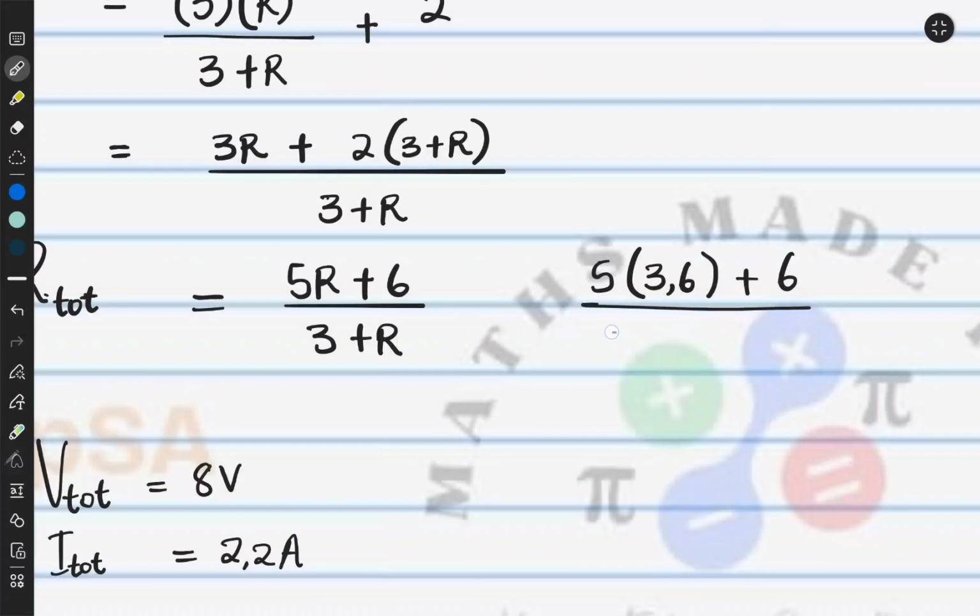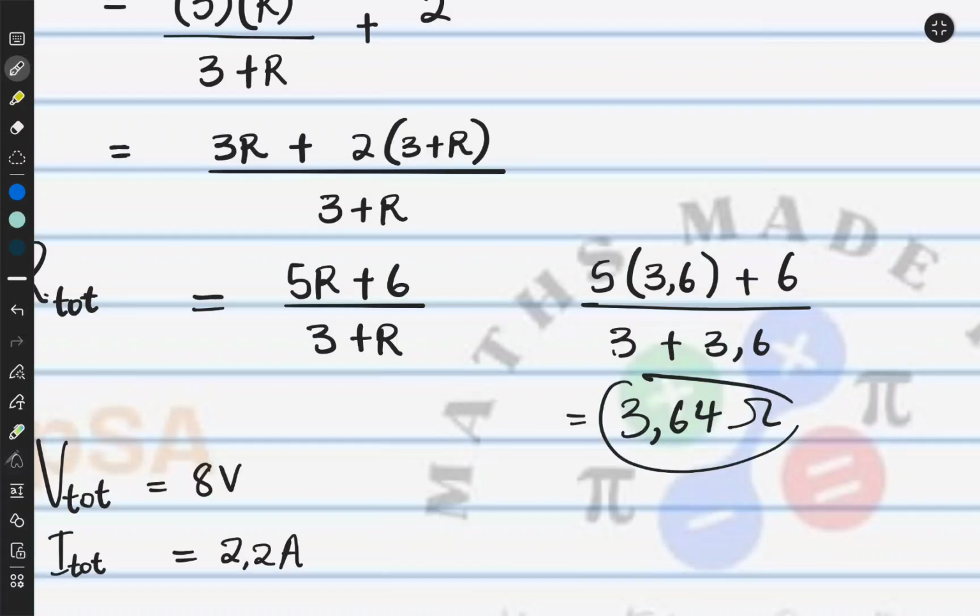Let's see how much it was before we remove the 3 ohm resistor. So this is 3 plus 3.6. Cool. So before we remove the 3 ohm resistor, our total resistance for the circuit will be 3.6 ohms.